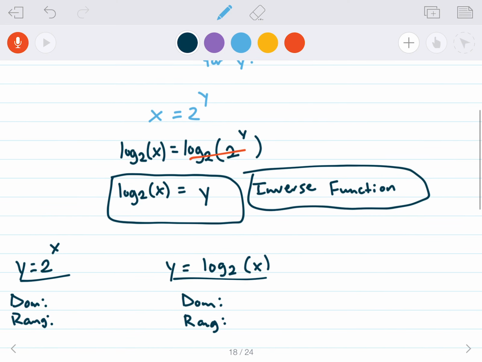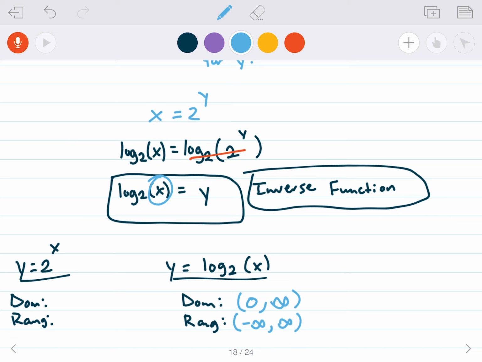Well, if we look at our possible inputs into the argument, remember, the argument can't be less than 0 or equal to 0. It can be anything larger than 0. So the domain is just our regular, we're starting at 0 and we're going off to infinity. The range is all real numbers.